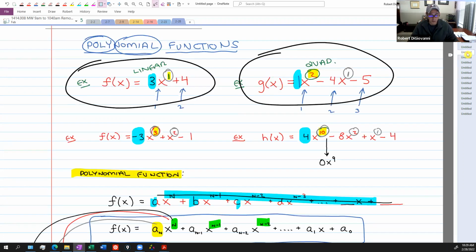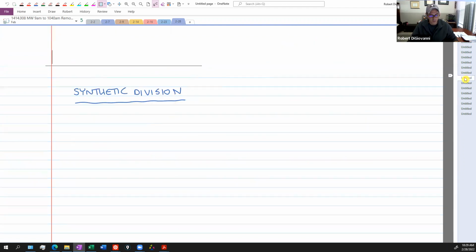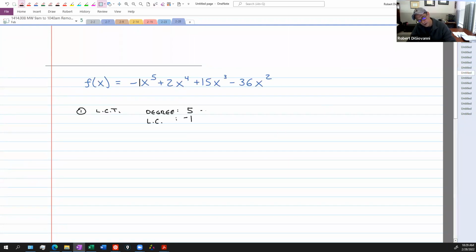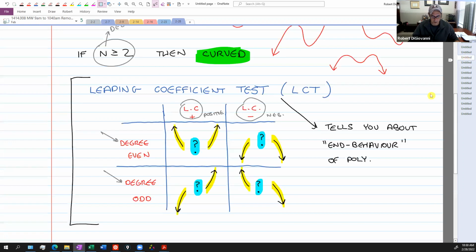Now, when we look at our little cheat chart here, we're looking at the degree, even or odd, and the leading coefficient positive or negative, right? The degree here, 5, is an odd number, and the leading coefficient is a negative number. So let's see. Caitlin, are you here? I'm here. Did you happen to jot down that chart? If we have an odd degree and a negative leading coefficient, what happens to the left and right hand sides?